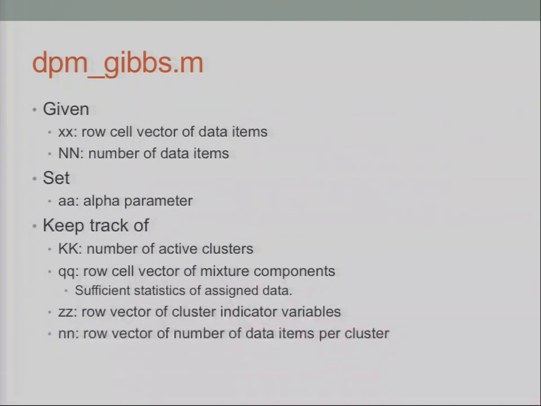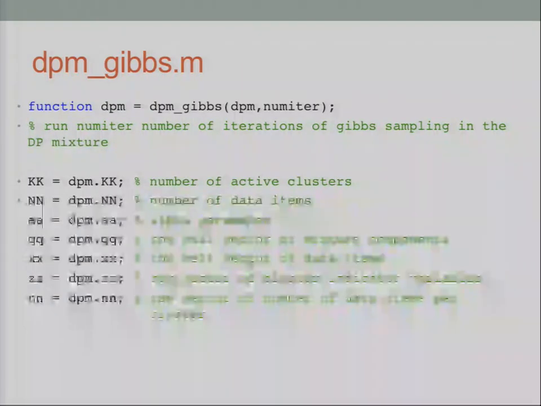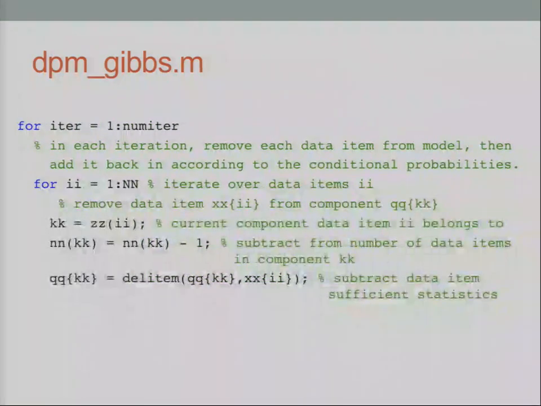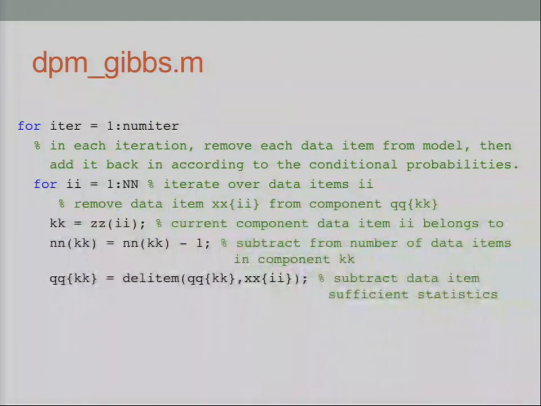Okay, so in detail, this is basically what the program looks like. We're initializing the parameters or the data like this. And then at each iteration, we remove each data item from the model and add it back in according to the conditional probabilities. So this is where we remove the data item from the component that it belongs to.